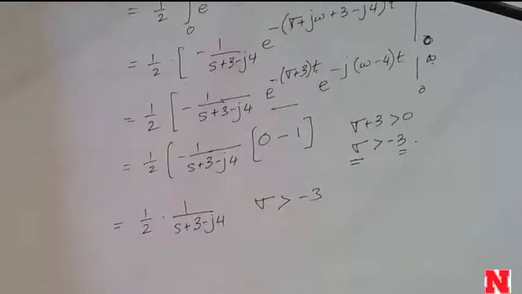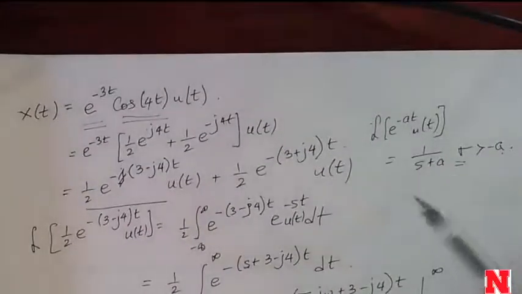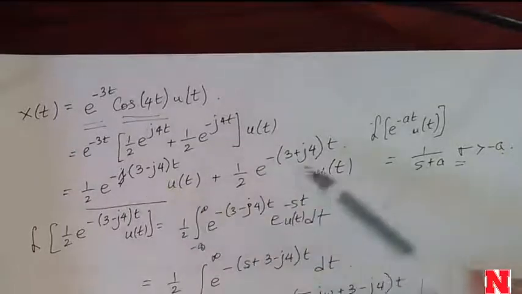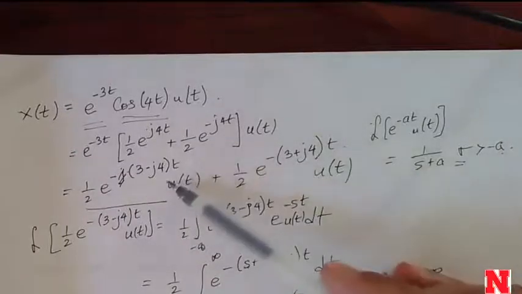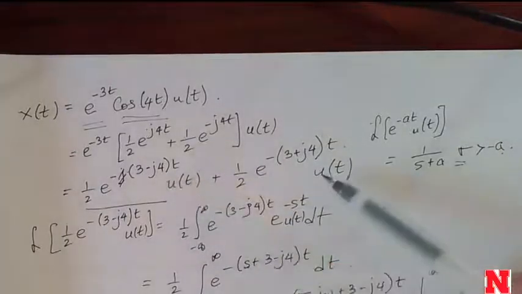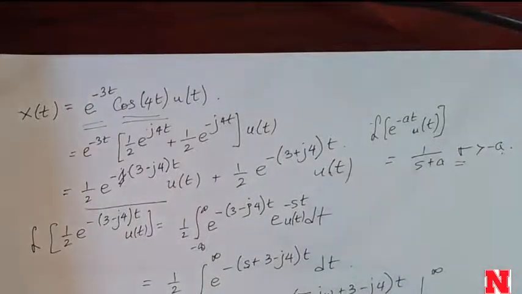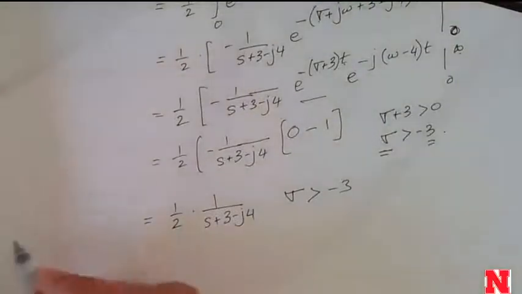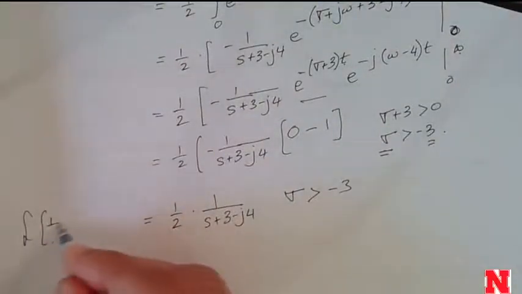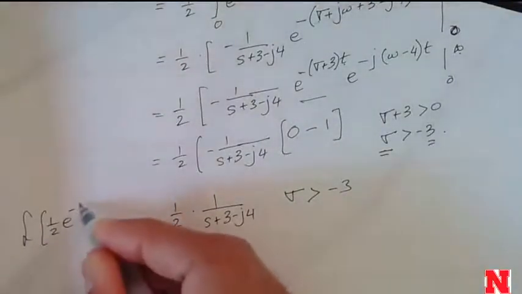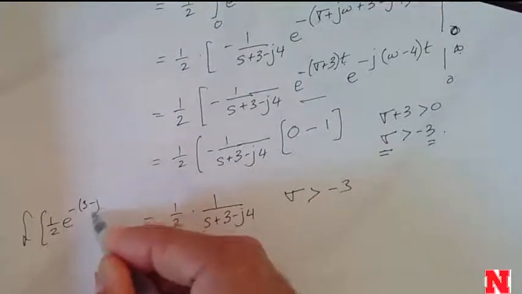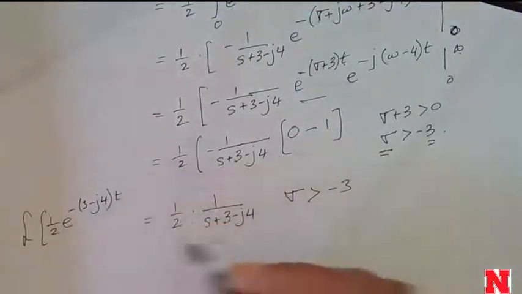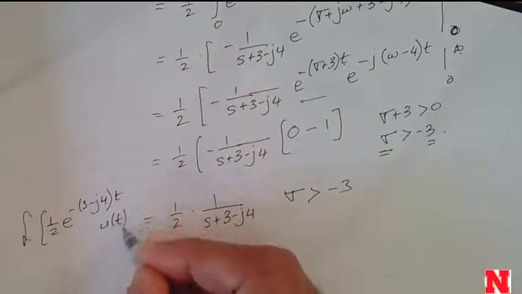Okay, that's the first. So we had two complex exponentials here, this one, and we just found the Laplace transform of this one. We can also find the Laplace transform of this one doing the same thing. So this is the Laplace transform of 1/2 e to the minus 3 minus j4 t u of t.